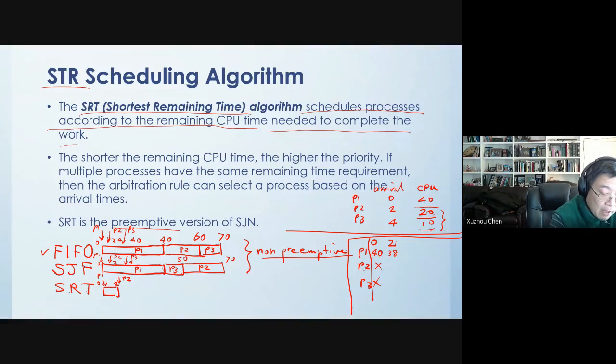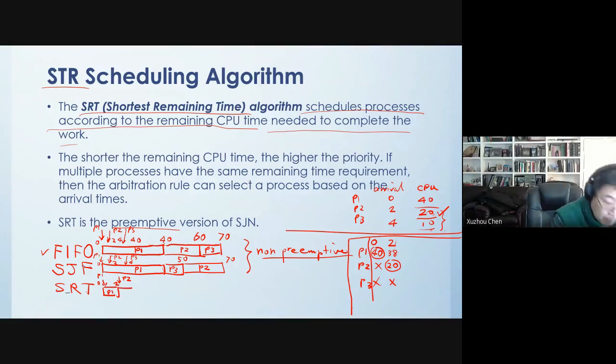Process 2 arrives, and based on the table it needs 20 time units for the CPU. Process 3 is still not available. So 38 versus 20, process 2 will be selected. In the first case, process 1 was selected because it was the only process. Now process 2 is going to take the CPU.